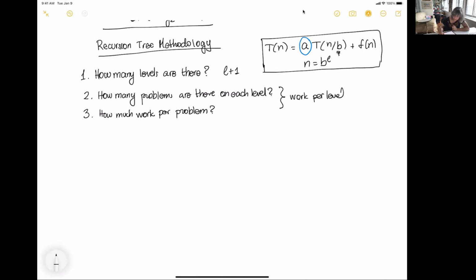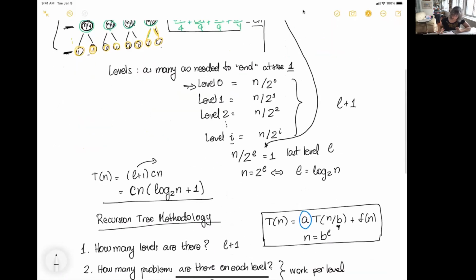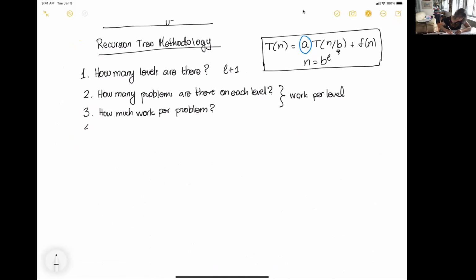This is what we did a little while ago: calculating first the amount of work that each of the nodes had to do, and then adding them up to realize how much work per level we had to do. In this case, we were calculating those things simultaneously. And once we have all of this, then we can calculate the total work.